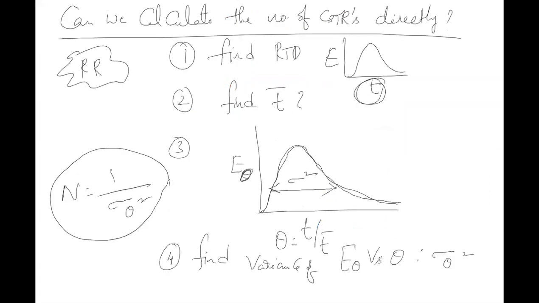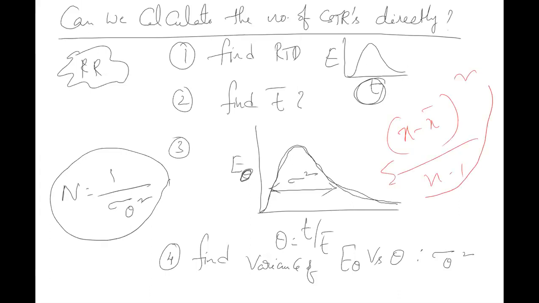So what we are doing is answering whether we can calculate the number of CSTRs directly. What you do is first find the RTD, which is E versus t. Then find t bar. Then plot E versus theta. Find the variance. What is the equation for variance? Sum of x minus x bar whole square divided by N minus 1.